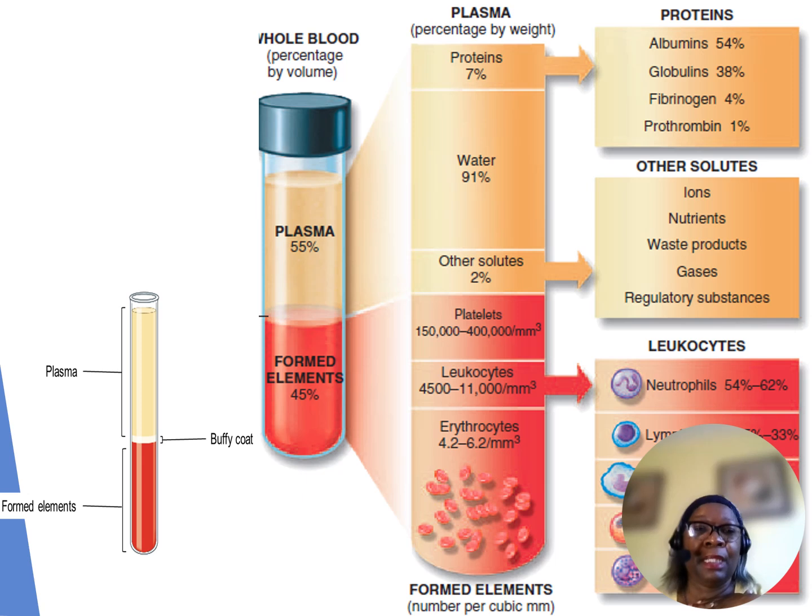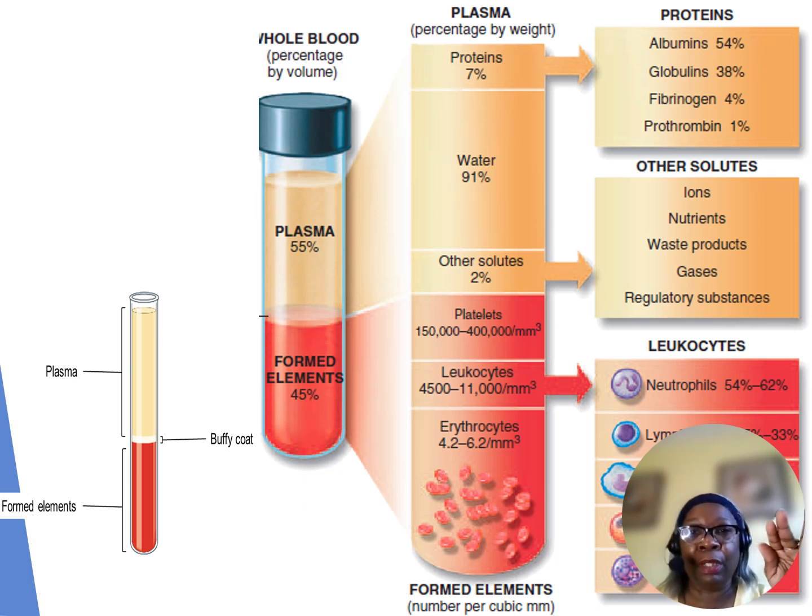Okay, WBCs and platelets form a narrow buff-colored band just underneath the plasma. They call that the buffy coat. And these cells constitute 1% or less of the blood volume. All they are is the concentration of all the white blood cells and platelets in the blood.